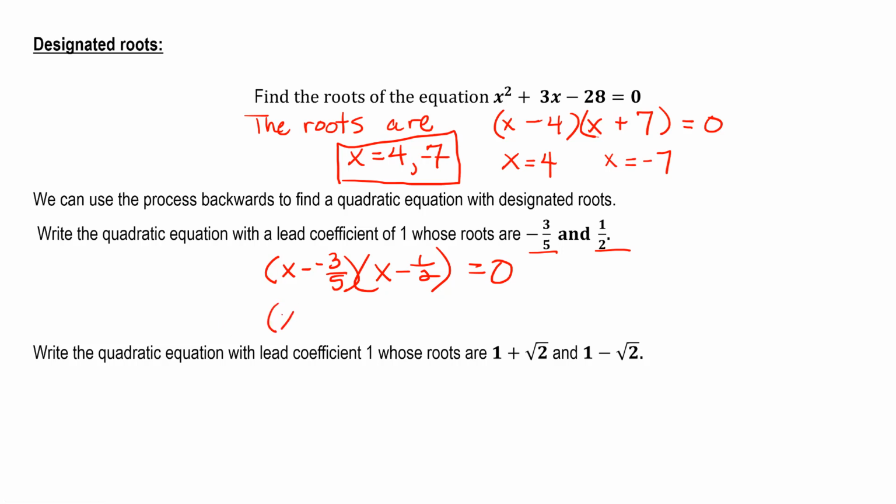So that gives us (x + 3/5)(x - 1/2) = 0. And so we would want to go ahead and multiply that out so that it looks like a quadratic equation that we're familiar with.